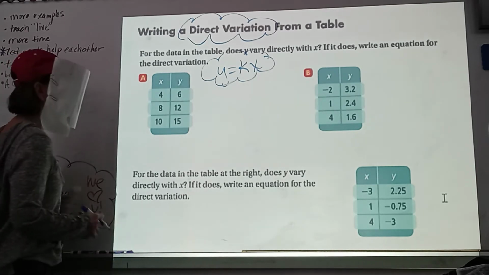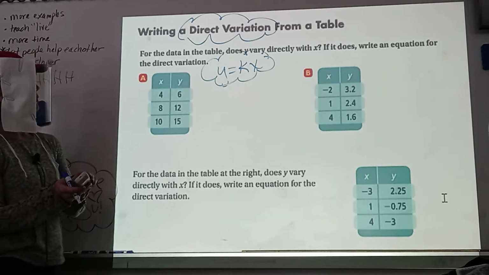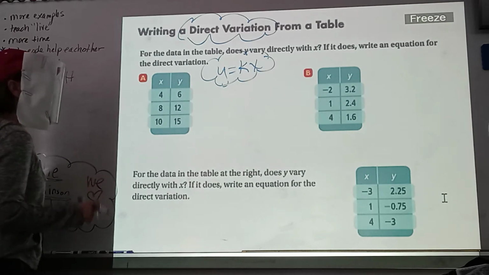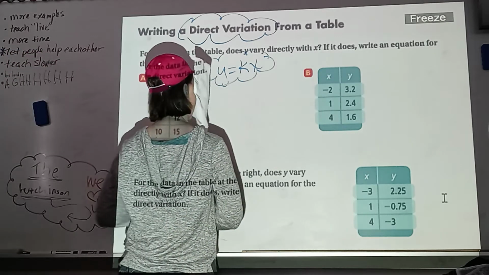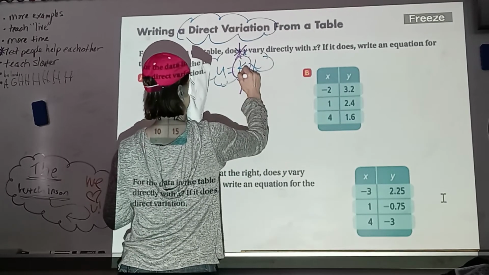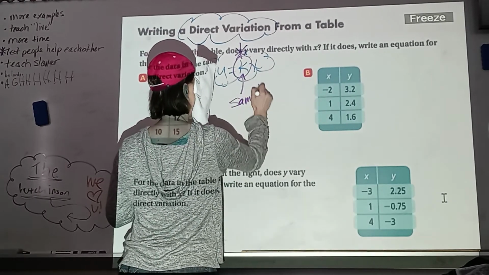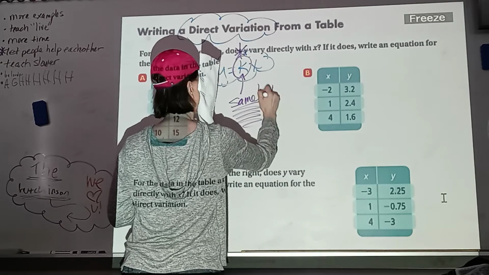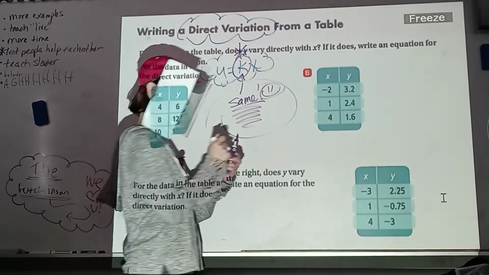All right, so what you're going to do is everybody circle this k again, this constant. Put the star, draw the arrow, and write the word same with an exclamation mark, smiley face, and underline it.